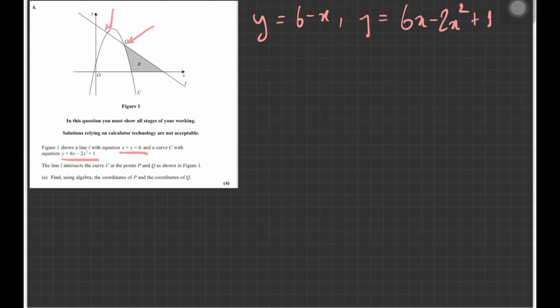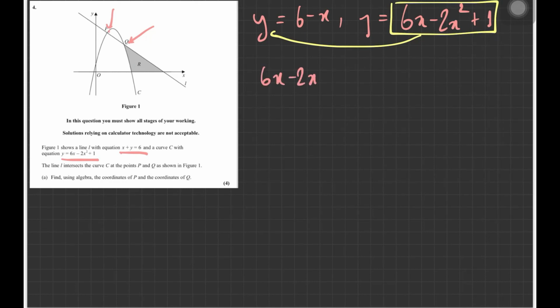Now we want to equate both of these together, right? Because we know that the y's are the same. So what I'm going to do is replace this here, and I'm going to say 6x minus 2x squared plus 1 is equal to 6 minus x.